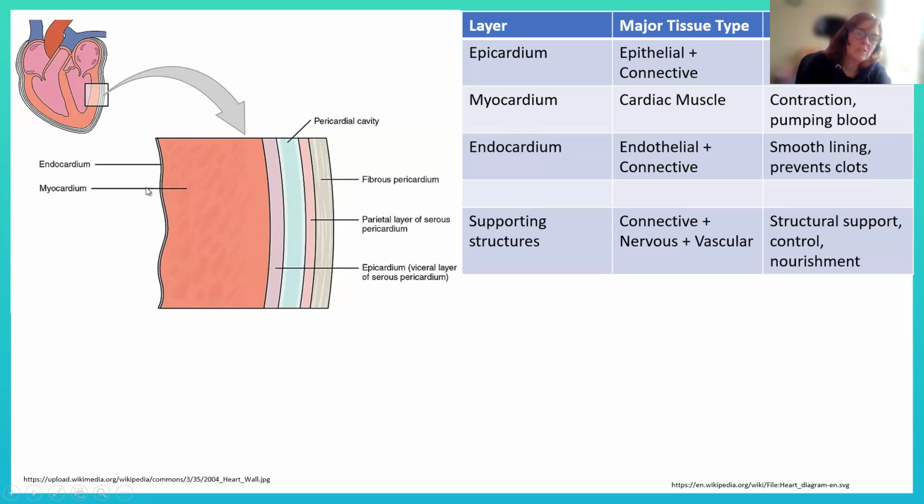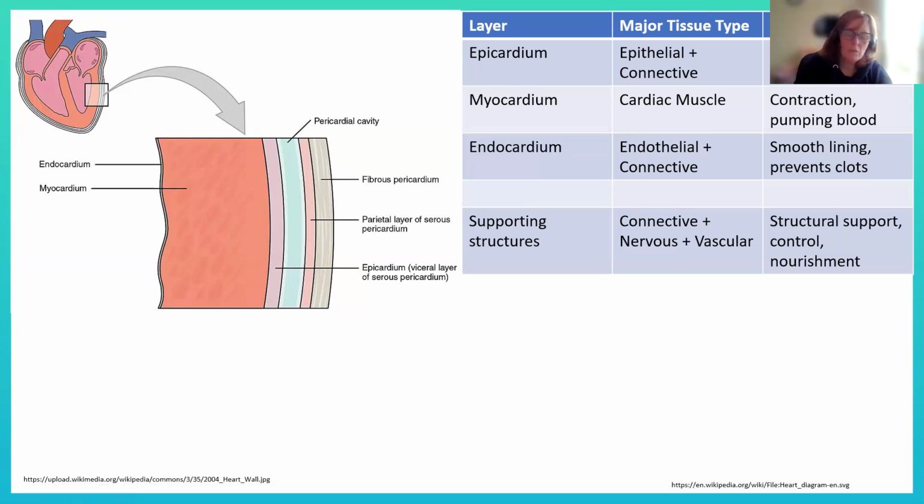So remember we talked about epithelial tissue mostly forming the outside or the surface of structures. So we've got endocardium here forming epithelial-like tissues. We've got the muscle tissues, and then we've got several other layers. So loads of different tissue types.